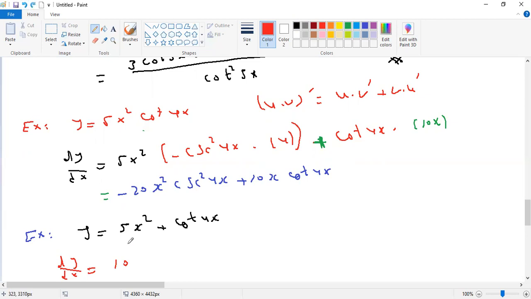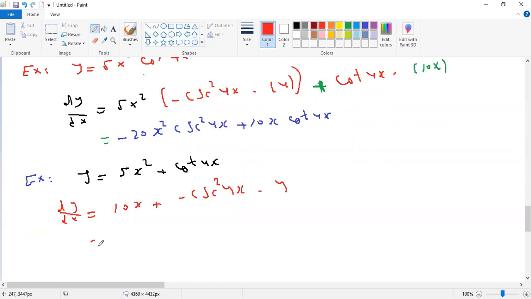Then plus the derivative of cotan, which is minus cosecant squared 4x times the derivative of 4x, which is 4. So the answer is 10x minus 4 cosecant squared 4x. Look at the difference.